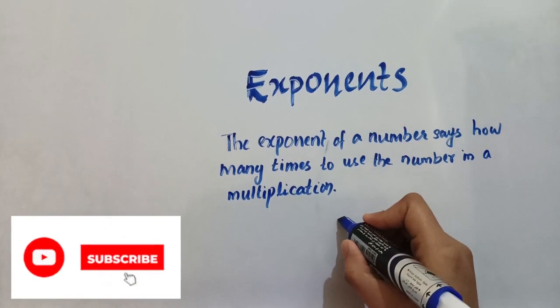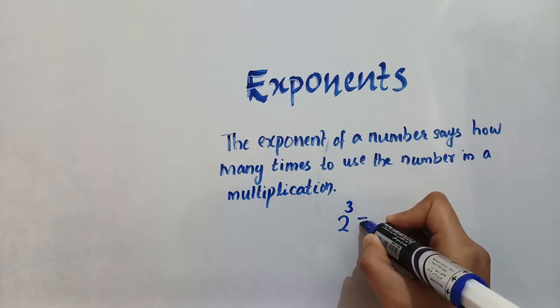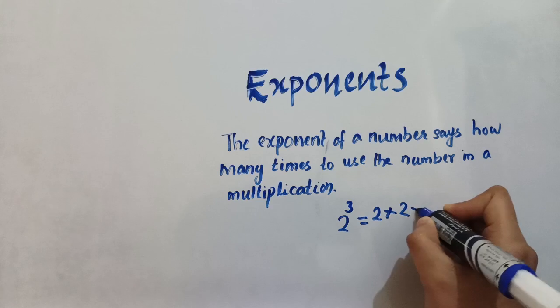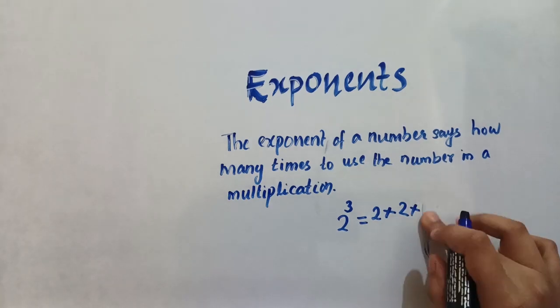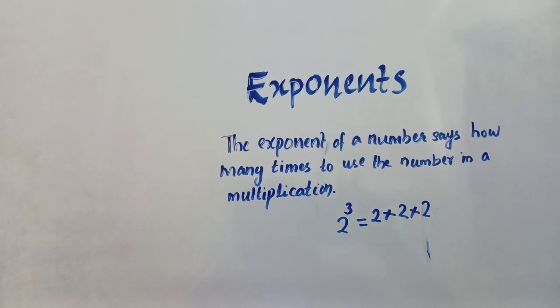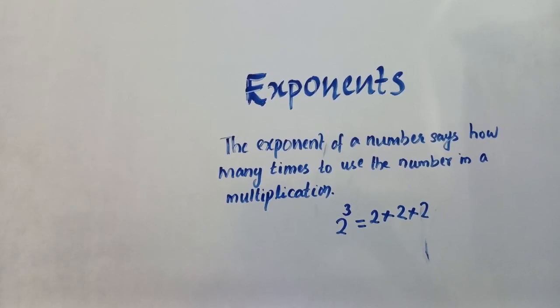That is, if you write 2 raised to 3, it says we have to multiply 2 for 3 times. 2 raised to 3 means 2 into 2 into 2. That is, we have to multiply 2 for 3 times.